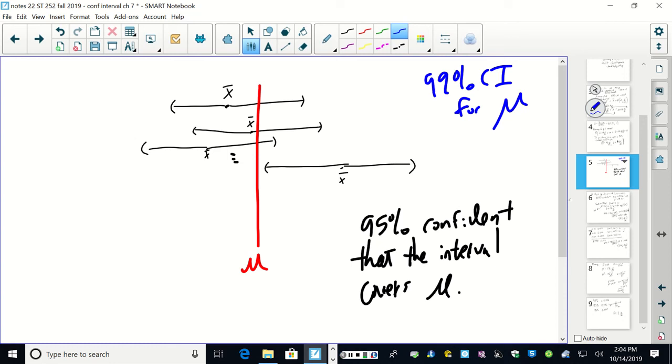So all of our intervals would pop out just a little bit more. And then some of them that missed before, because we made it wider and used a bigger Z value, do cover. So more cover, but at the price of making the intervals wider. There's no right or wrong. It's just a trade-off. You always report the level of confidence, so people know what Z value you used.